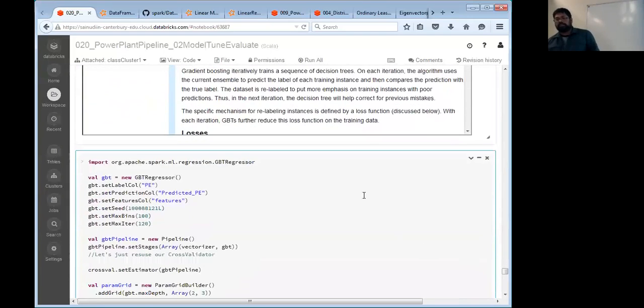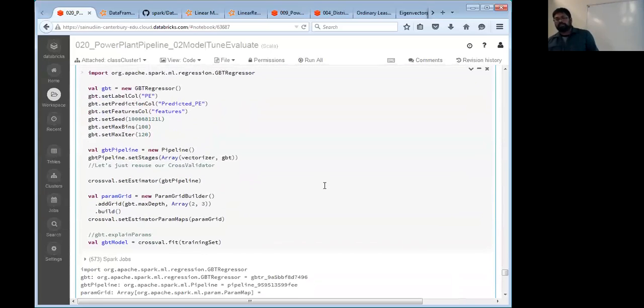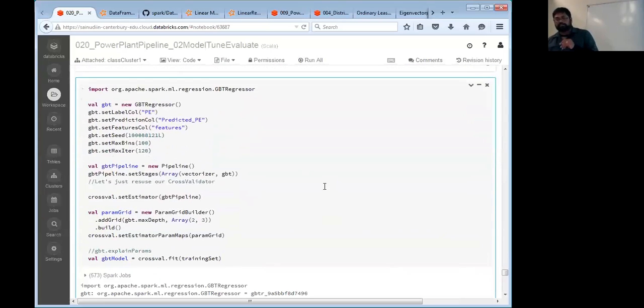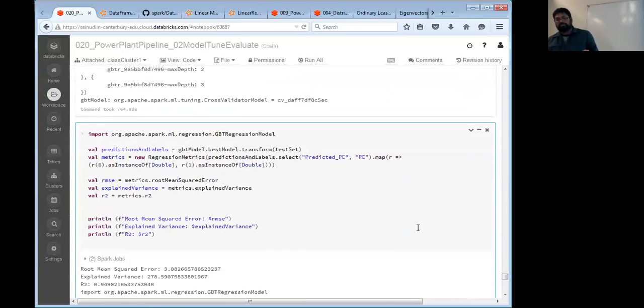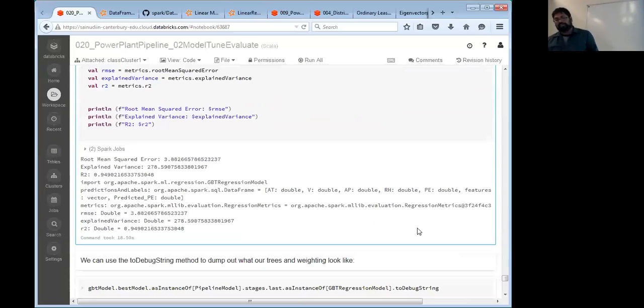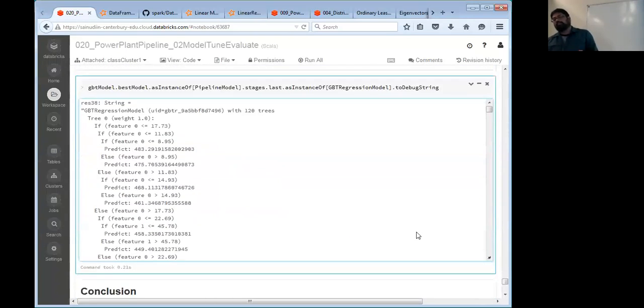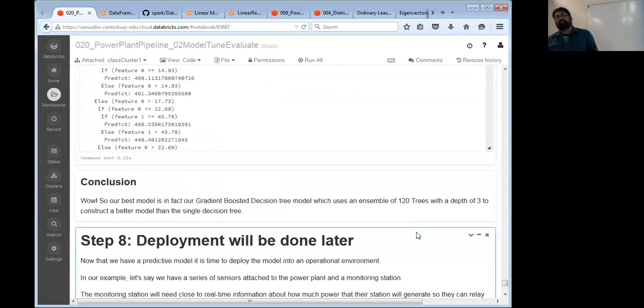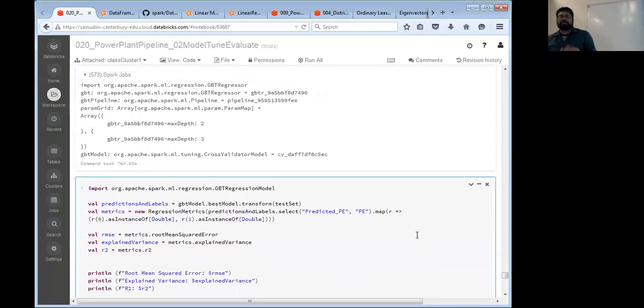Here's the code for it, and I won't run this because it's going to take a few minutes to finish. I can do gradient boosted trees, and then I find that my explanatory power, my predictive power, is very, very high. And this is what we'll be using later on to do deployment. So I'll start from gradient boosted trees and maybe go slowly over cross-validation next week.